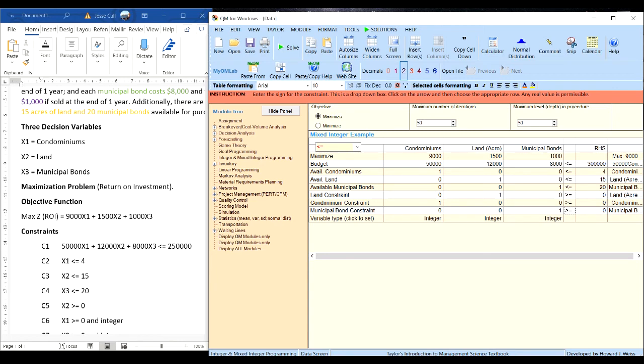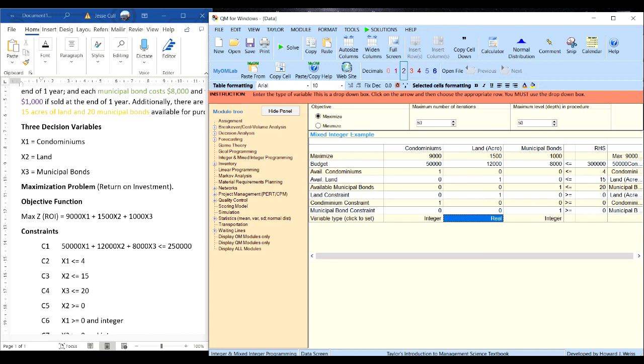What we do now, we've entered all of the relevant data so far. Our final step is, when we come back over here and we see X1, constraint number 6, X1 is greater than or equal to 0, and integer. So X1 is integer. X2 is greater than or equal to 0, but integer is not important. We can buy fractions of land. So what we do here is we change this to real.